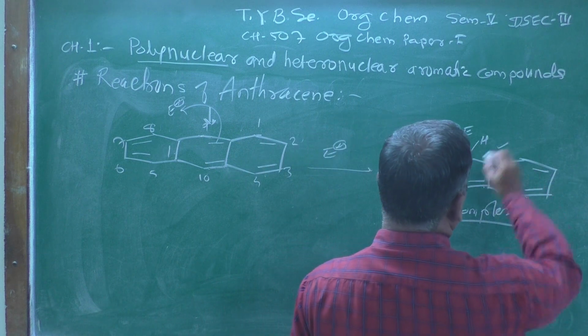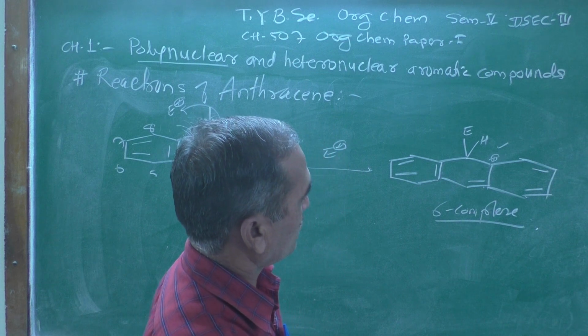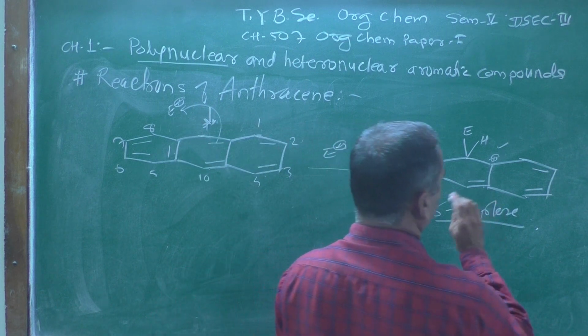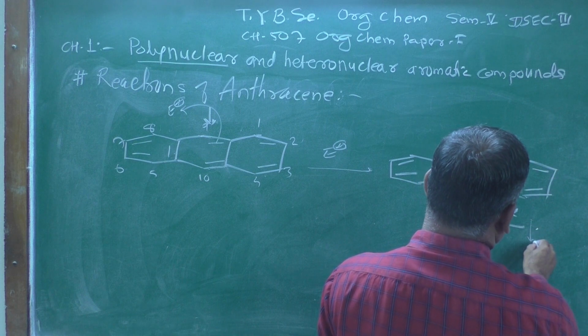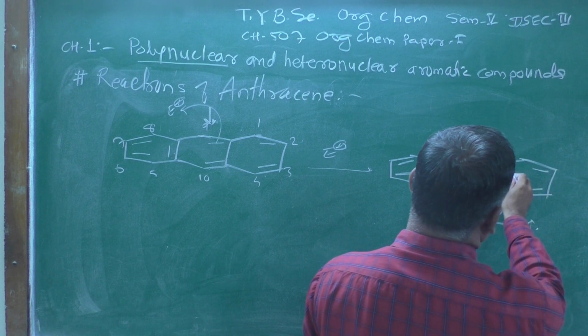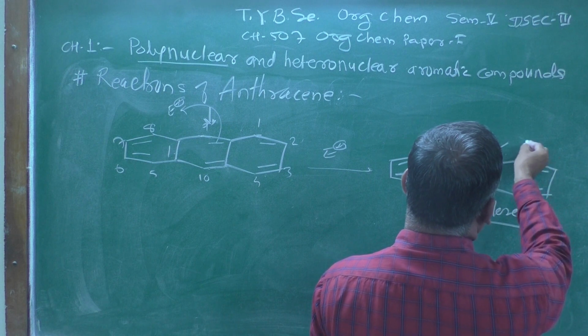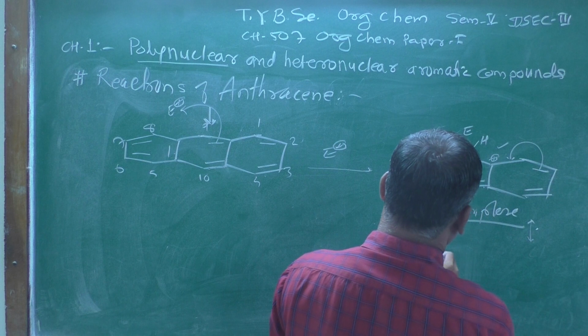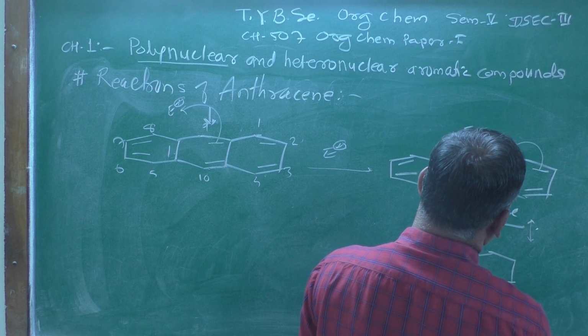Therefore this is more stable. This sigma complex formation is more stable in this case because it gets stabilized. If you show the resonating structure of this double bond, this double bond is shifted from here to here and you will get another structure like this.